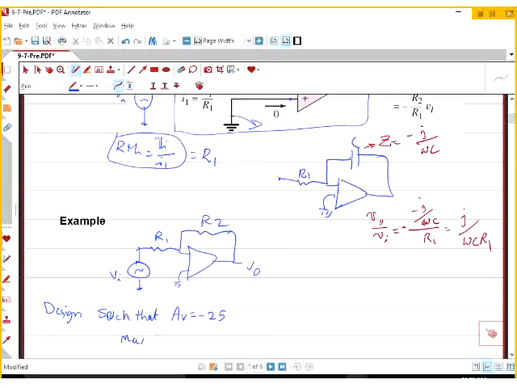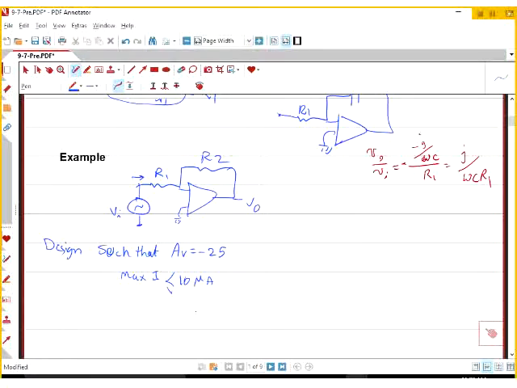Your maximum I drawn from the source we would like to be less than 10 microamps. What I'm looking for is what R1 and R2 would be.